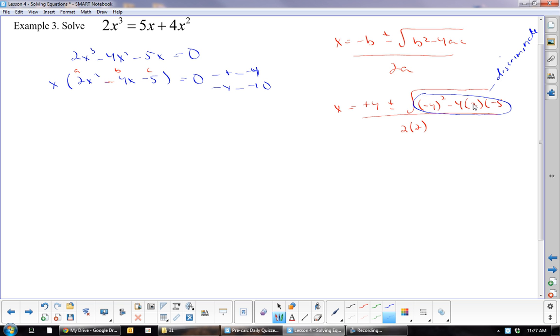It does help you discriminate one answer, two answers, or no answers. So this does work out to be x equals 4 plus or minus the square root of 56, all over 4. Is there a nice square in 56?